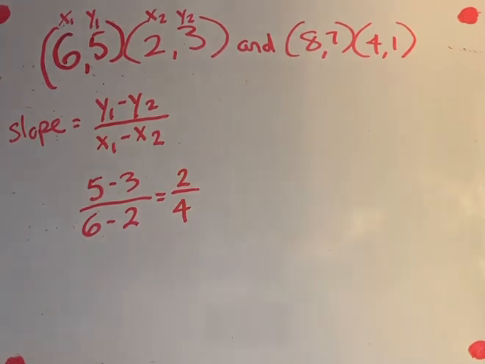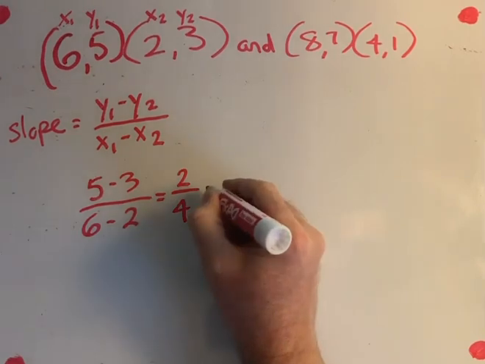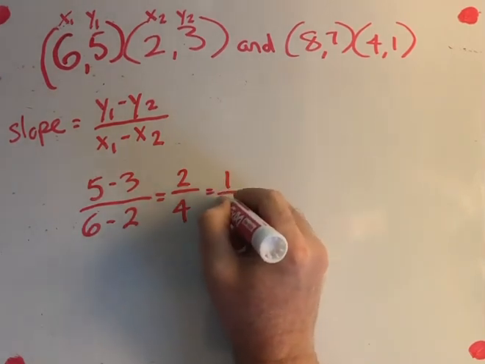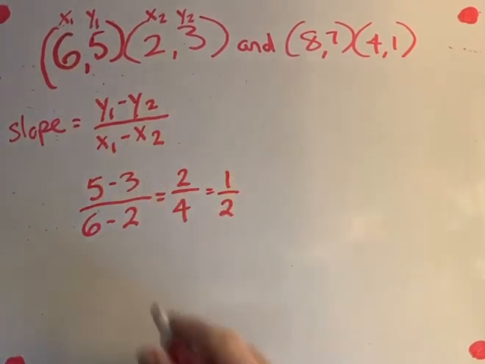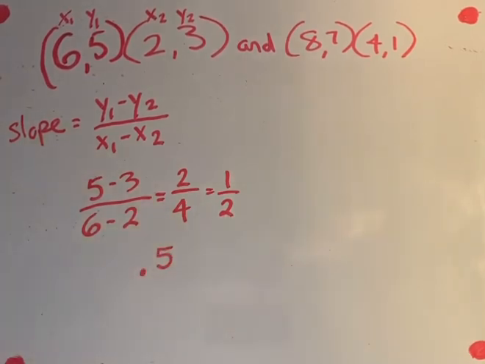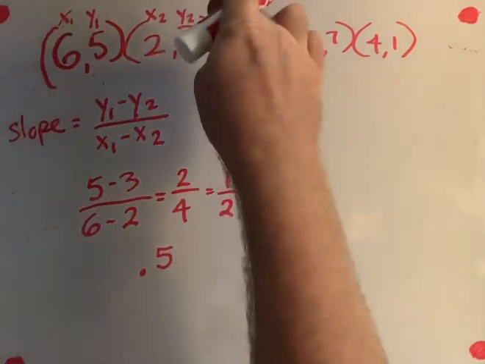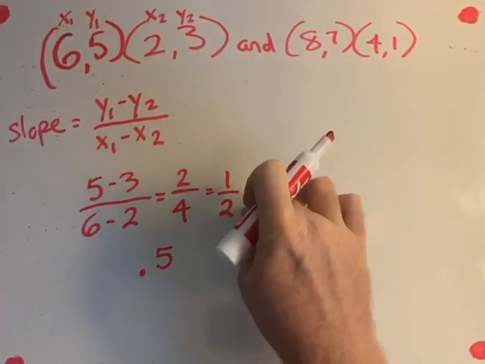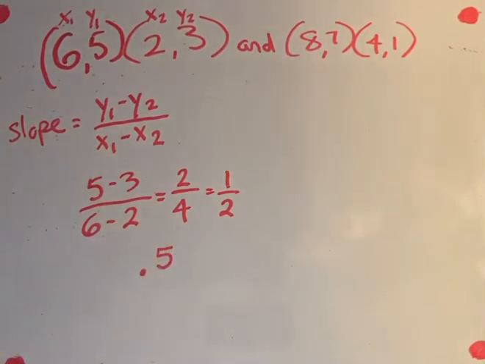Well, 2 over 4 is also equal to 1/2, or if you plugged it into your calculator, you'll see that it's 0.5. Okay, so that's the slope. So the slope of this line is 1/2, or 0.5.